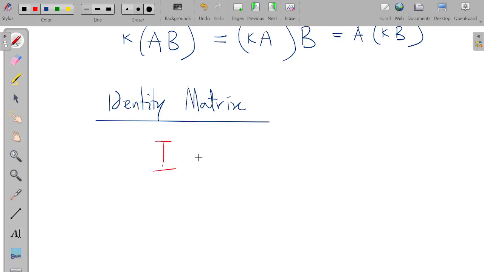So this identity matrix, I call it I. If it is 3 by 3, I have something like this. It's a square matrix. So this is an identity matrix. I can call it I3 to show that it's 3 rows and 3 columns. It's a square matrix of 3 rows and 3 columns.